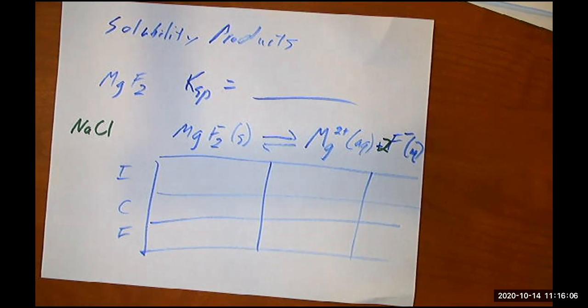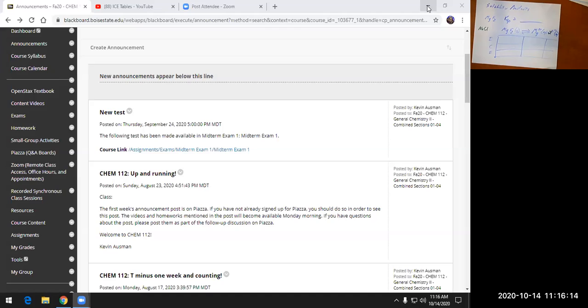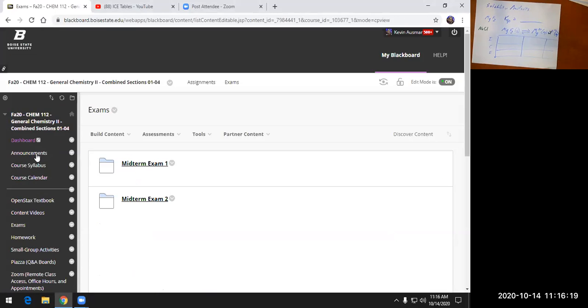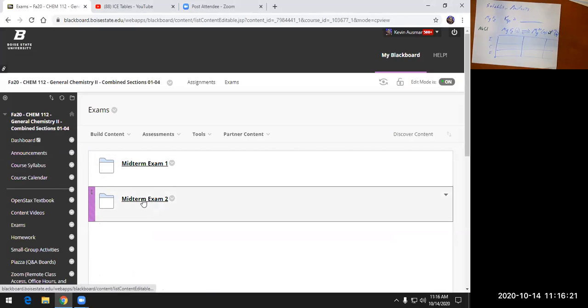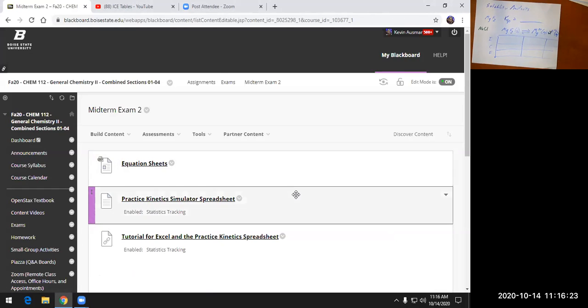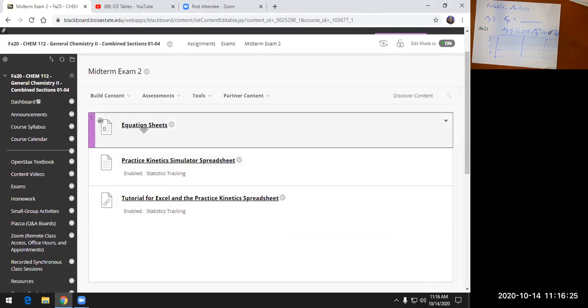So if we come in Blackboard, did I start screen sharing? I didn't, did I? Let me do that. Here we go. If we come into Blackboard and go into exams, there's now a folder for midterm exam 2. There's a link here to the formula sheets that I have put together for you.